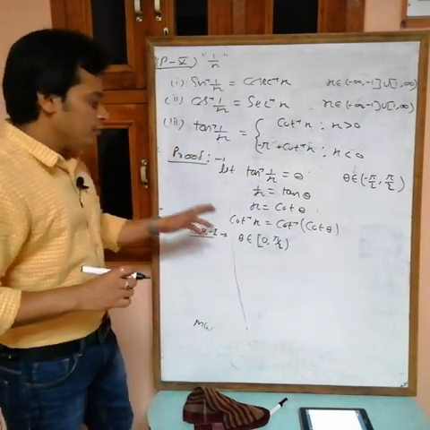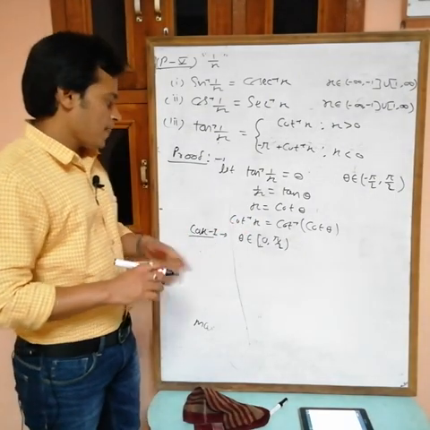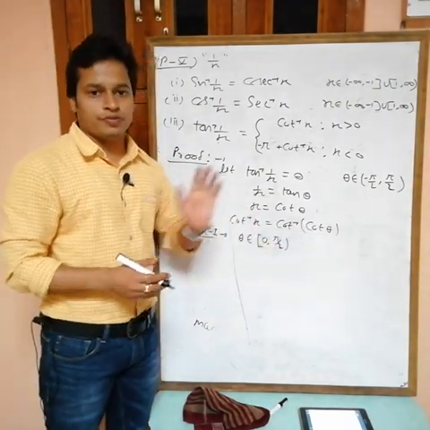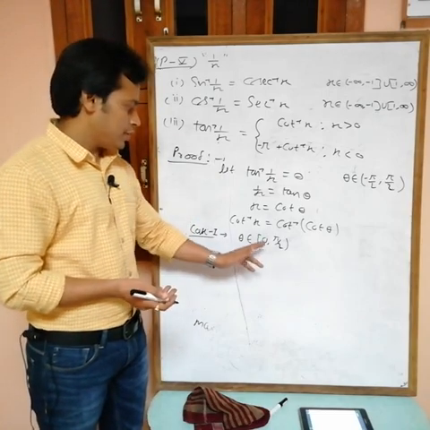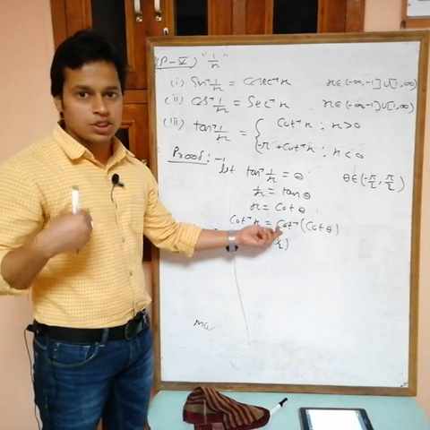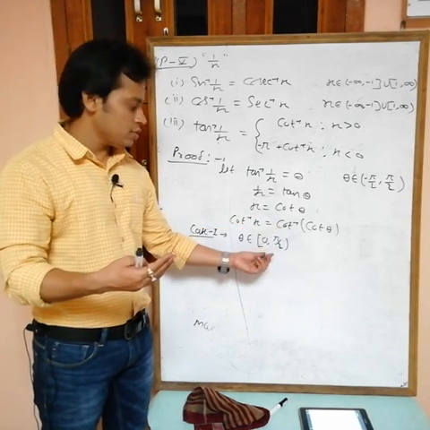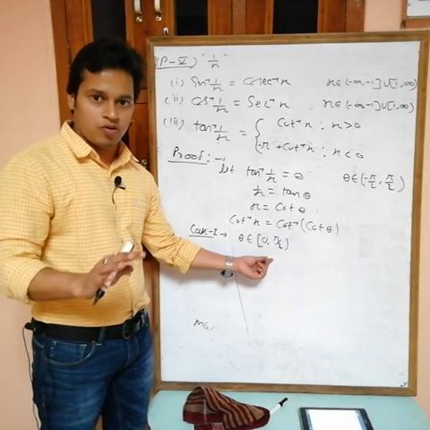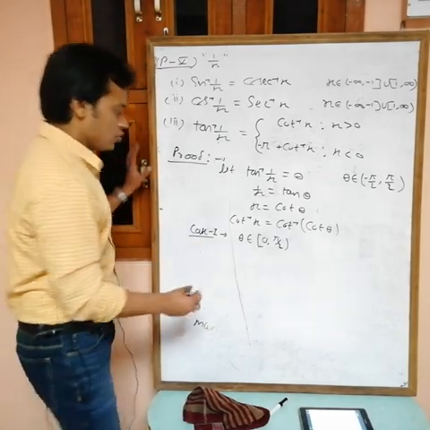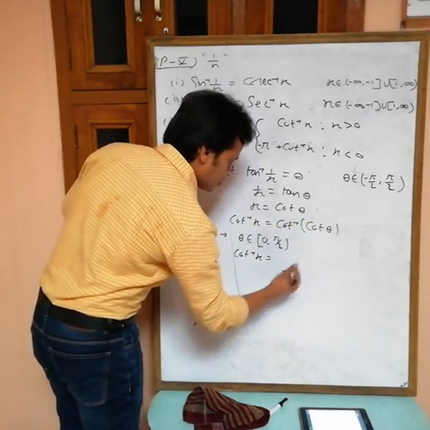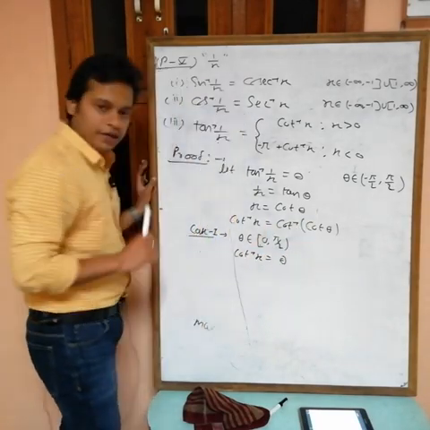If theta lies in this range, then you can cancel out cot inverse to cot, because theta lies in the range of cot inverse. The range of cot inverse is 0 to pi, and this is 0 to pi by 2, so all these values are accepted by cot inverse. So cot inverse cot theta cancels out, and we get theta.